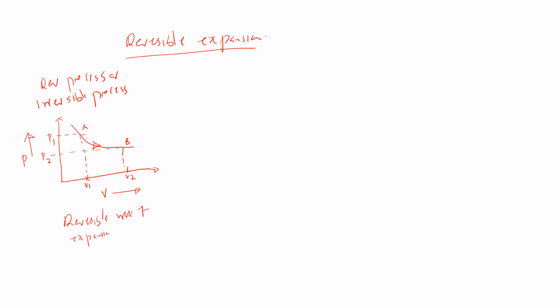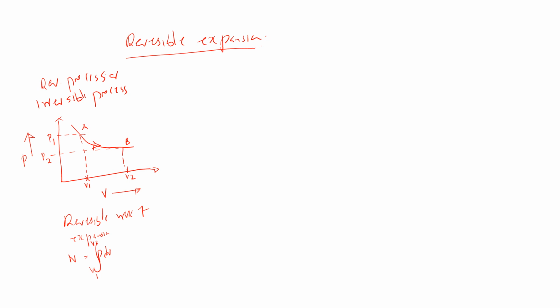Okay, so if you are then to determine the work done, then from P dV it will be equal to P dV, but we integrate from V1 to V2. So this is the reversible expansion, in which the pressure is falling from P1 but the volume is increasing.